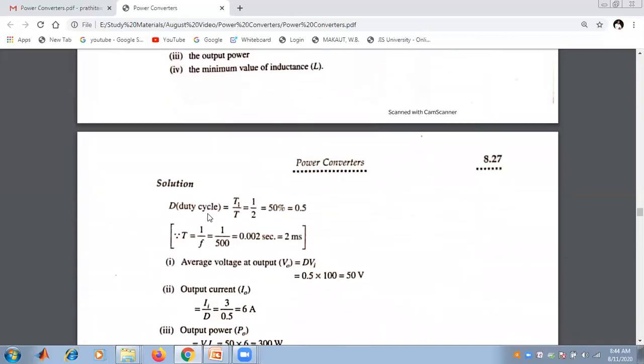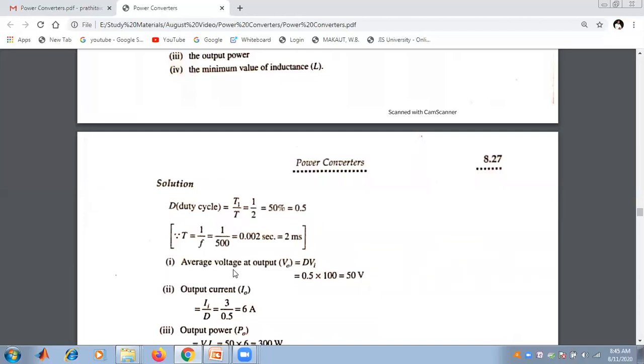So the chopping frequency, or the frequency of switching, is given as 500 hertz. So time period T equals 1 by 500 or 1 by f, that is 0.002 second, that is 2 millisecond. So the duty ratio, that is T1 by T, where T1, the on time, is given as 1.0 millisecond, so 1 by 2, that is 50% or 0.5.